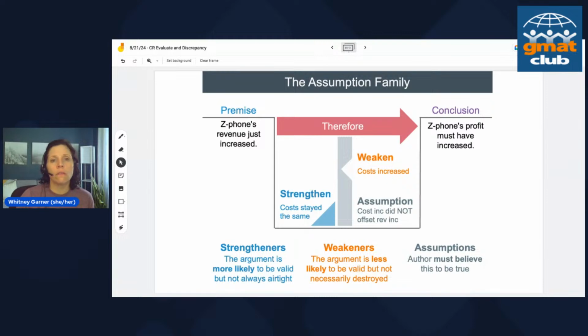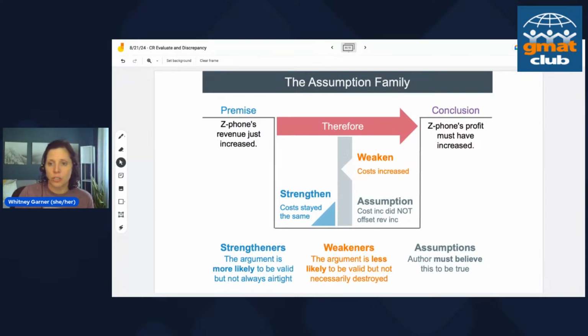So when we start to think about the fundamental questions asked of arguments, the assumption trio are the fundamental. We get assumptions asked directly, like what is the author assuming but not saying? And then we have strengthen and weaken, which is like, what would make my argument feel a little better? What would make my argument feel a little worse?